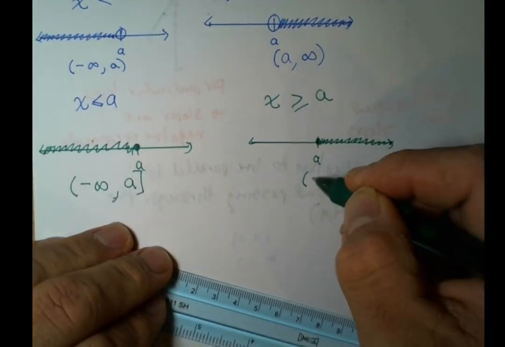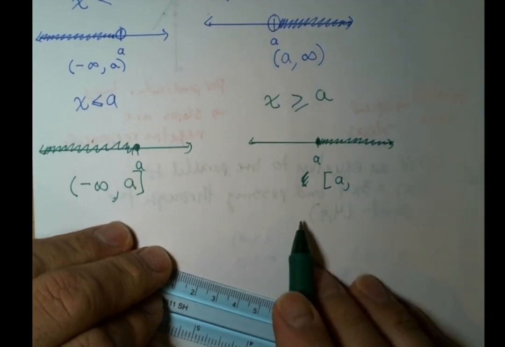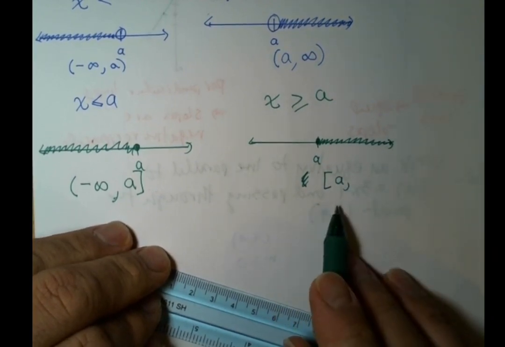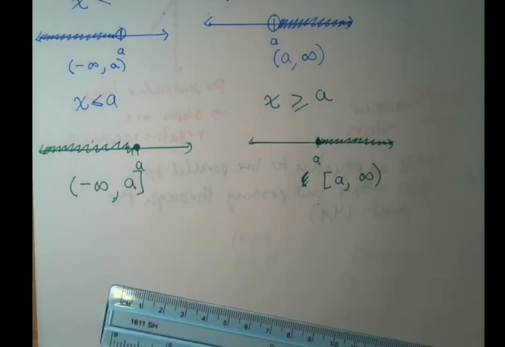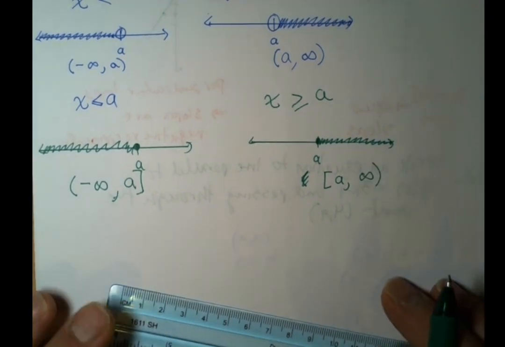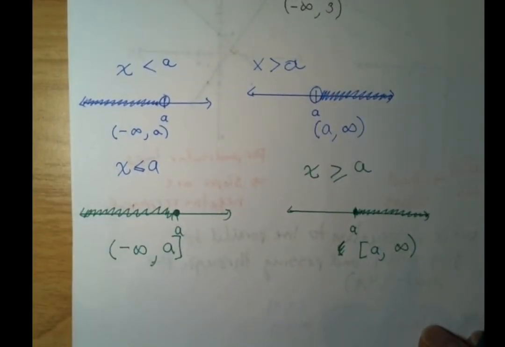In interval notation, we have a bounded on the left, inclusive of a, and then unbounded on the right, so going to infinity. Those are the four types of inequalities and how we can represent them on a number line and using interval notation.